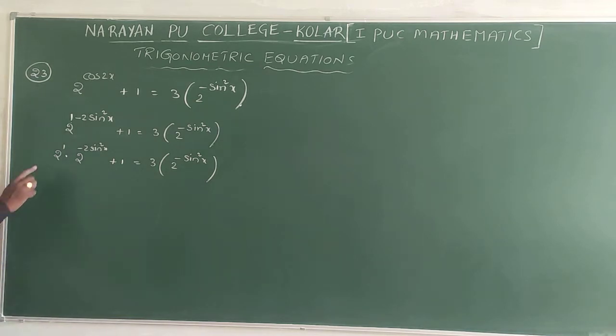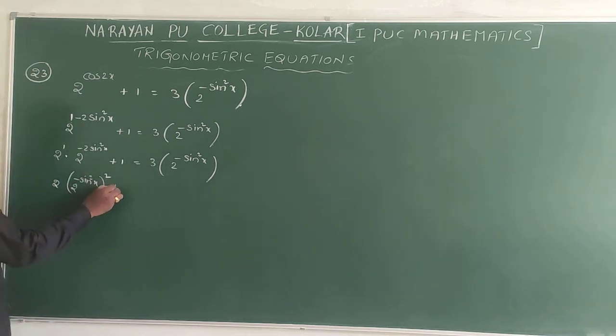Okay, now one more step. 2 power 1 is nothing but 2, into 2 power minus 2 sin square x, which can be written as 2 power minus sin square x whole square. Why? Because a power m whole power n is equal to a power mn, that formula.